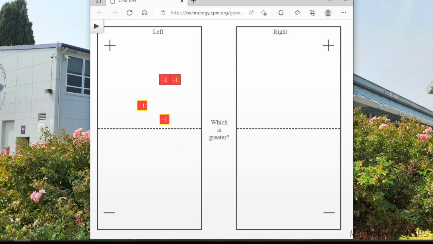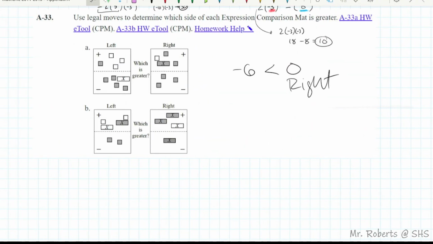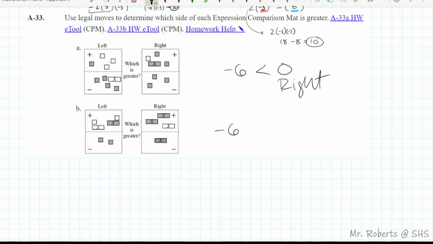So now I'm looking at -4 over on the left-hand side, and I'm looking at 0 on the right-hand side. So I believe for this one, we would say -4, not -6, that's the previous problem. We'd say -4 is less than 0. So again, the right-hand side has it. It is the larger of the two.